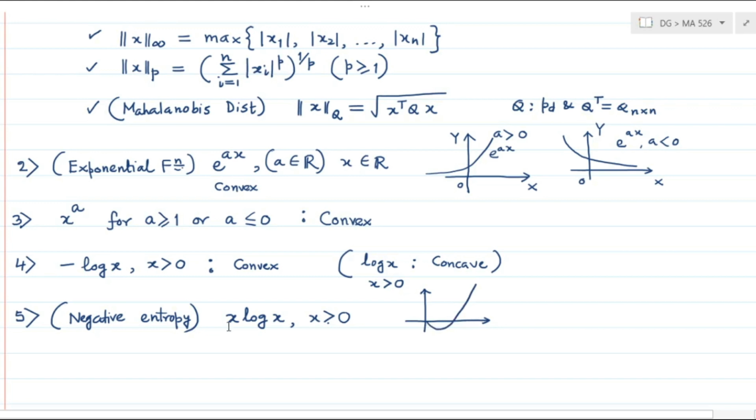Anyway, next let me give you a function of two variables: 2 times x1 square plus x2 square minus x1 x2.